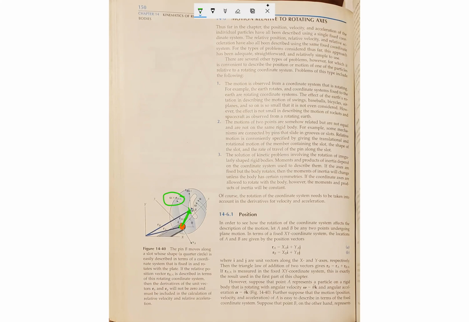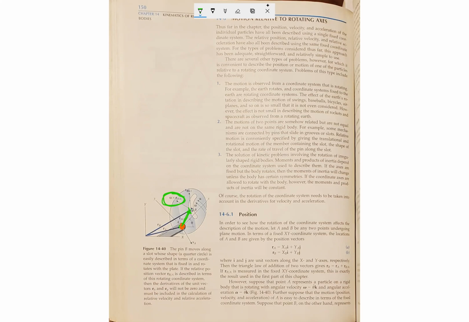And that is a motion. That is how the pin is being moved by the rotation of the disc if the pin wasn't sliding in the disc. If the pin stayed in the location where it is locked into the slot, if the pin did not move in the slot, then the rotation of the disc would cause the pin to move in the vector that I have circled in green.